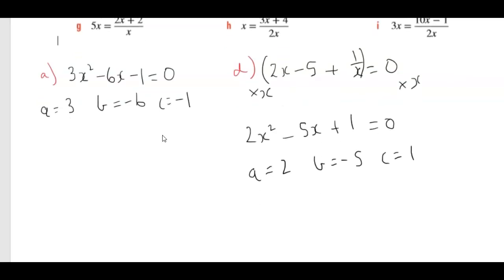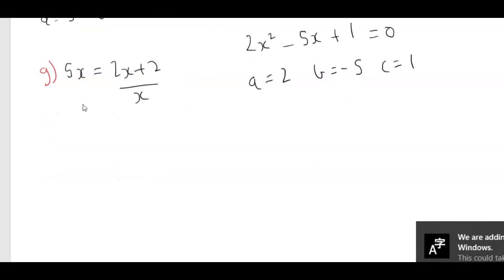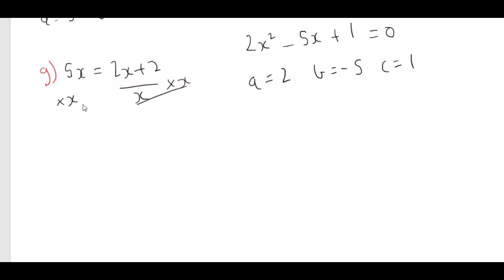Let's do G just because I can see it just peeking up the top there. Again, let's bring everything over to one side. Actually, no, let's not bring it over to one side. Let's just take our time. Let's get rid of that x on the denominator. So multiply both sides by x, and that disappears. 5x times x is 5x squared.